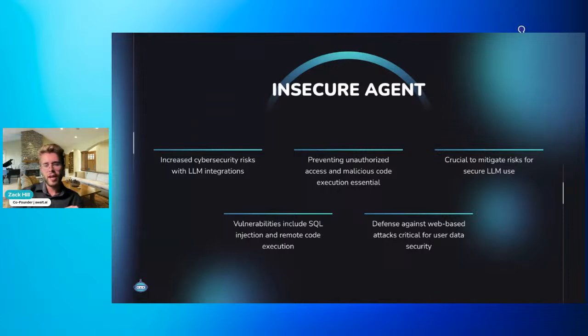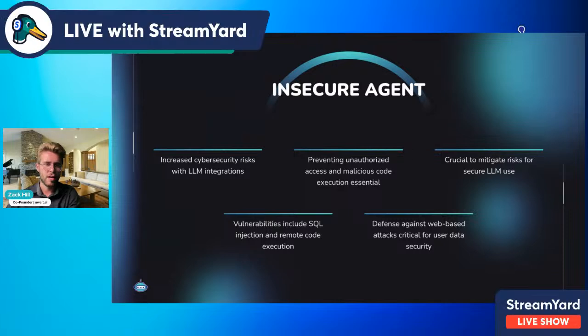So the primary areas of concern involve safeguarding against the execution of malicious code, preventing unauthorized access or manipulation of databases through SQL injection, and defending against web-based attacks such as cross-site scripting and cross-site request forgery, which threaten user data and interaction security. So recognizing and mitigating these risks is crucial in ensuring the safe and secure use of LLM integrations.